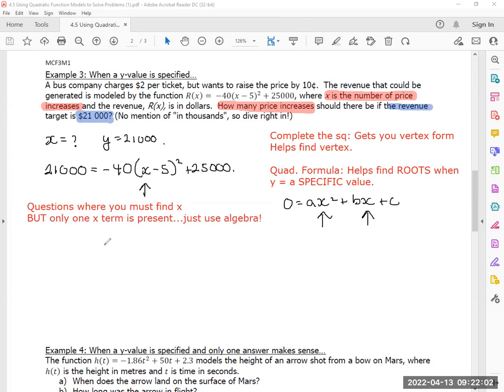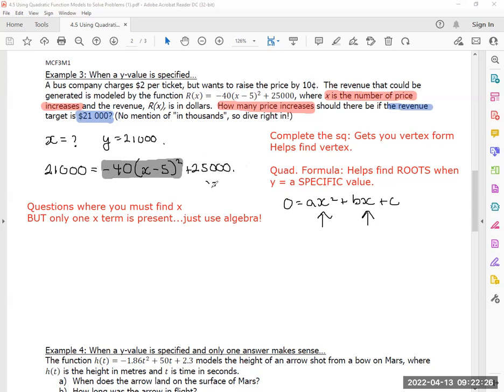What does that mean? Well, take a look. I want x all alone. Well, by reverse BEDMAS, I am going to leave this alone and do it later. By reverse BEDMAS, I have to get rid of the positive 25,000. So subtract both sides by 25,000.